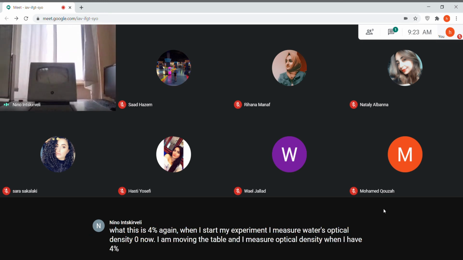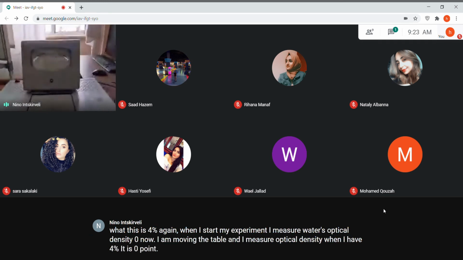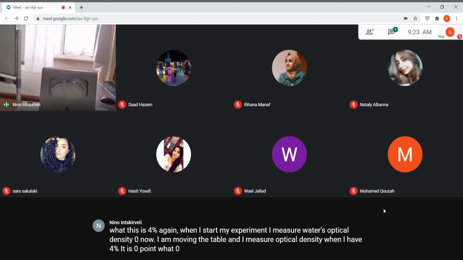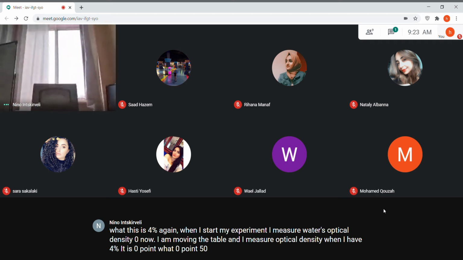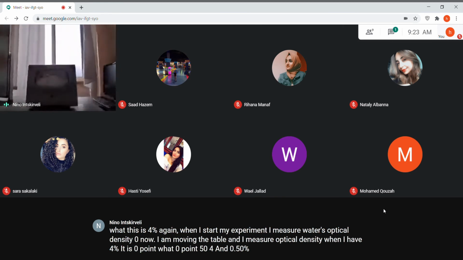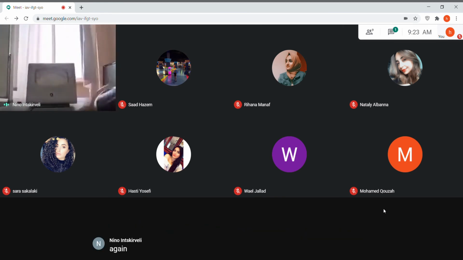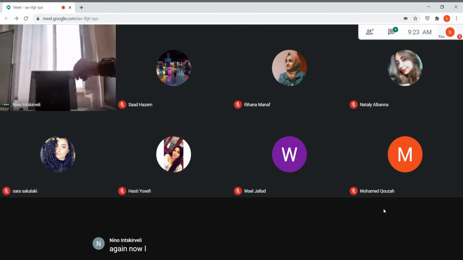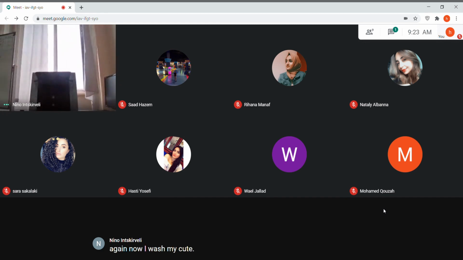It is 0.54. Again, now I wash my cuvette with the water.